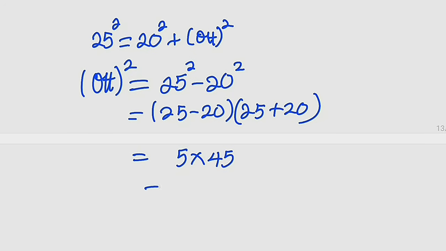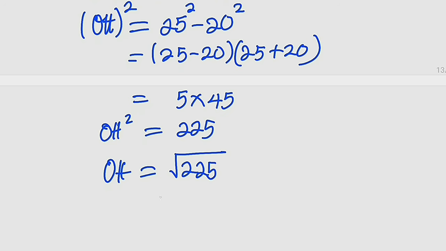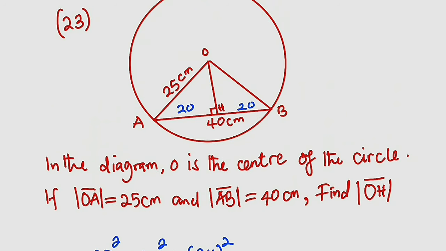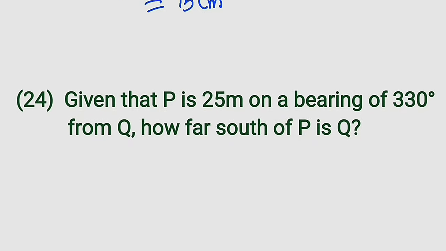And if you multiply this together, you're going to get 225. Remember, this is OH squared. But we are looking for OH, so you can take the square root of both sides. You don't need to add plus or minus, because we're talking about length. And the square root of 225 is 15. And hence, 15 cm is the length of OH, this side. This is 23.